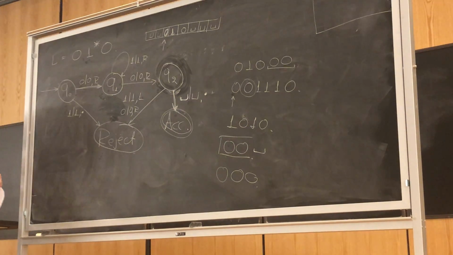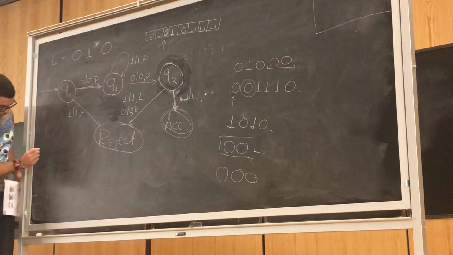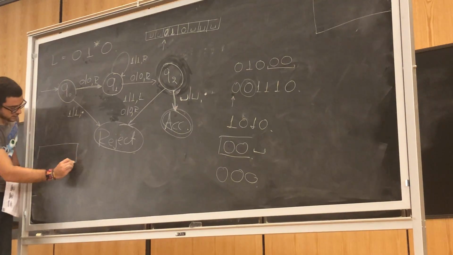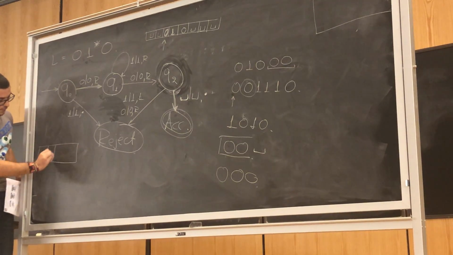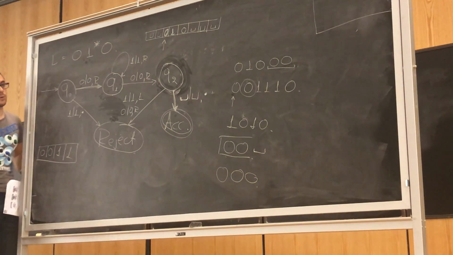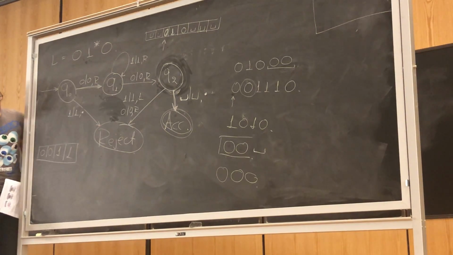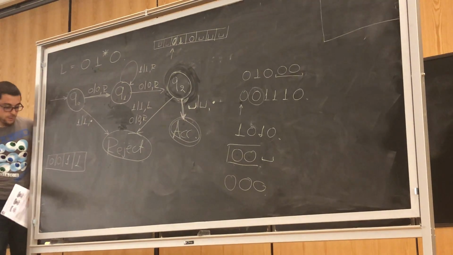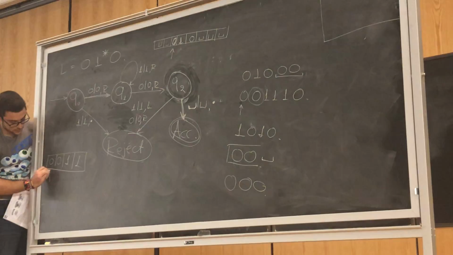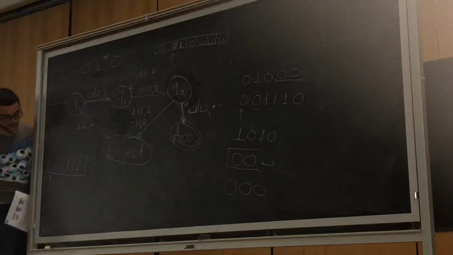So, the ones that were in my recitation last week, you will remember that we needed to recognize a string that consists of an equal number of ones and zeros. So what I need to do is put a marker somewhere. Let's say that I have my head over here, and I read the first character.